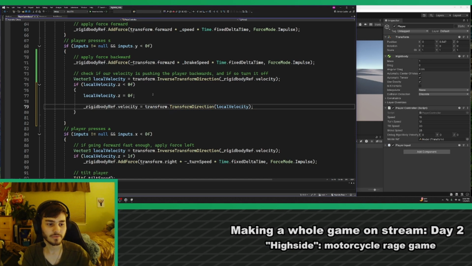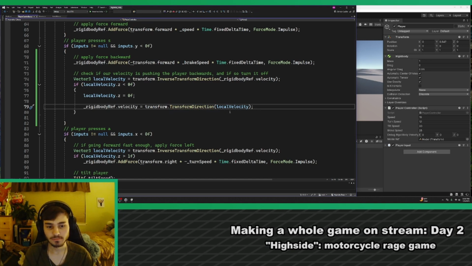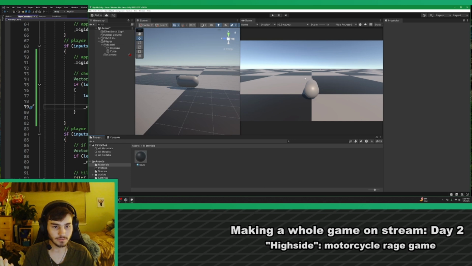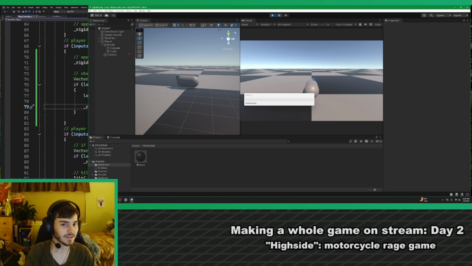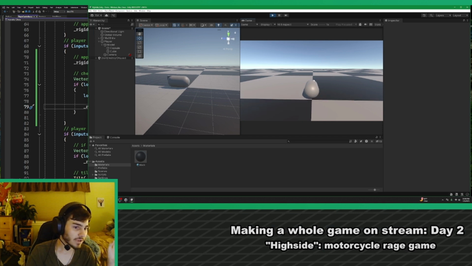So direction, local space. Local space to world space. So theoretically, I say theoretically a lot when I'm programming. Have I broken anything?